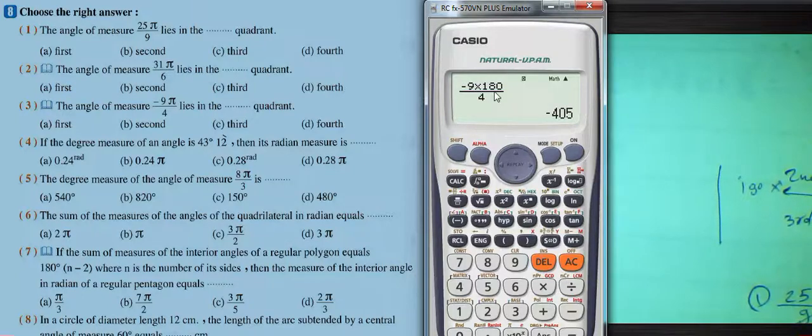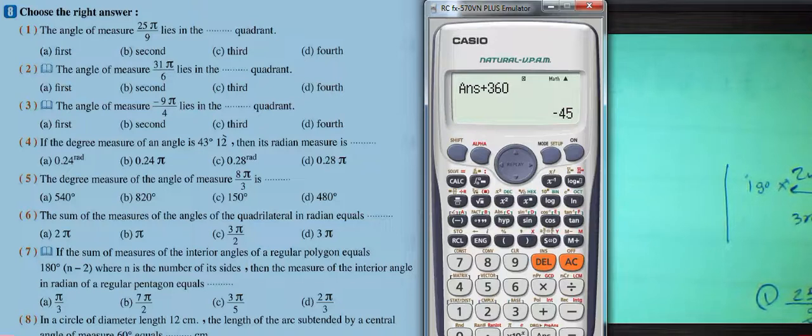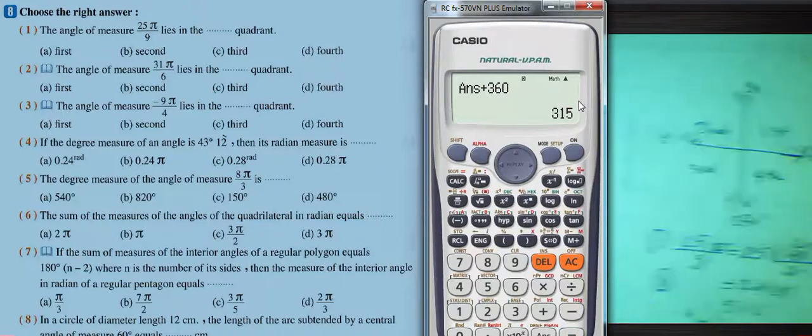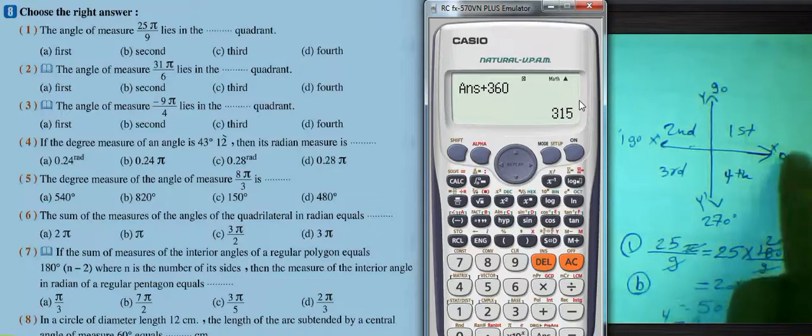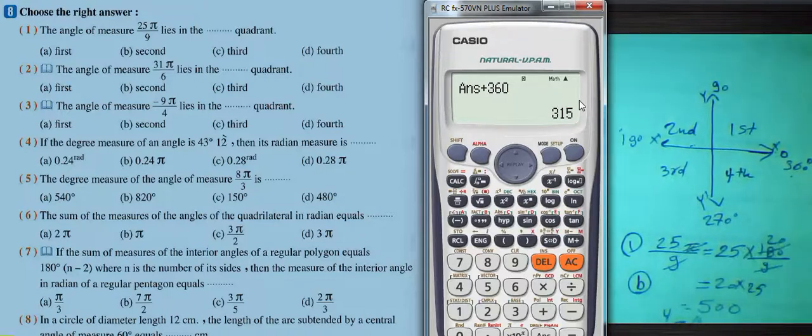The result is negative 45, and we add 360 to it, so the result will be 315. 315 lies in the fourth quadrant.